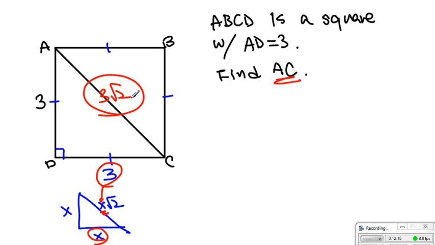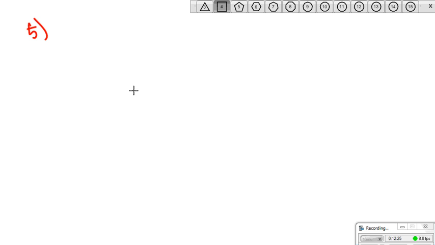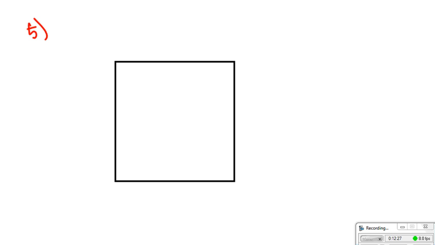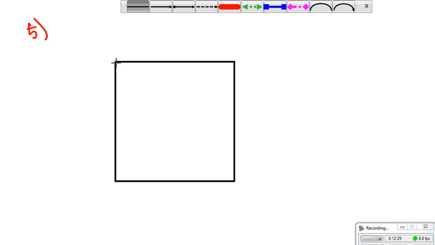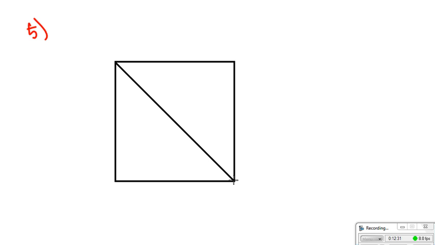Alright, and the next question will be very similar, but I'm going to ask you the question the other way around. Number 5. Just like the previous question, we have a diagonal given.